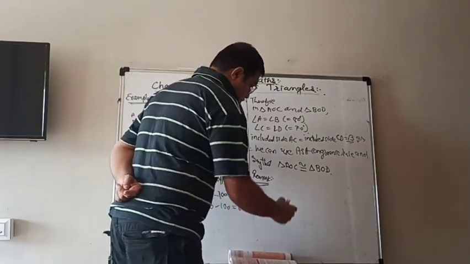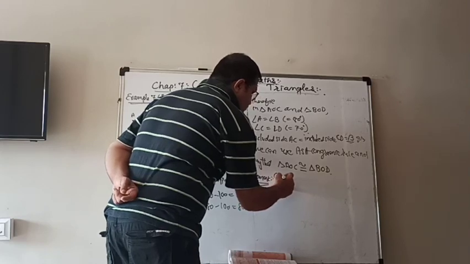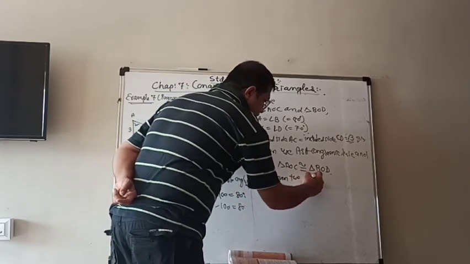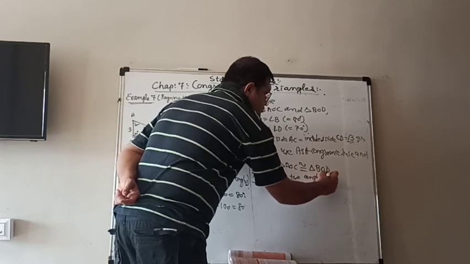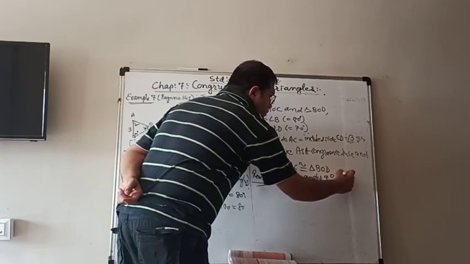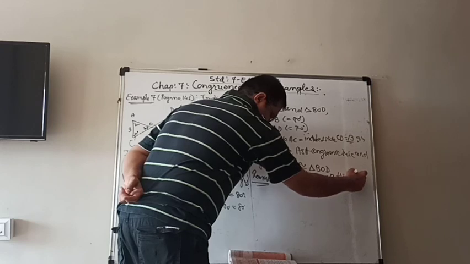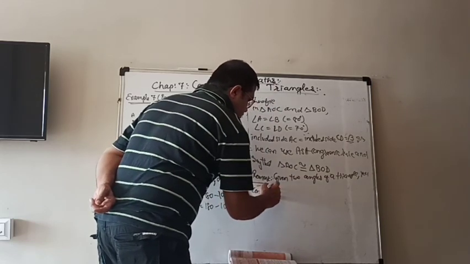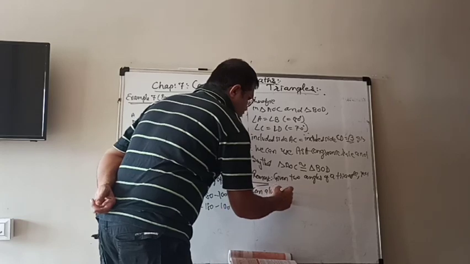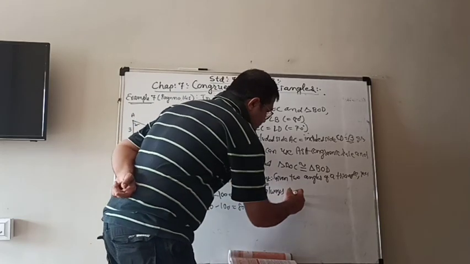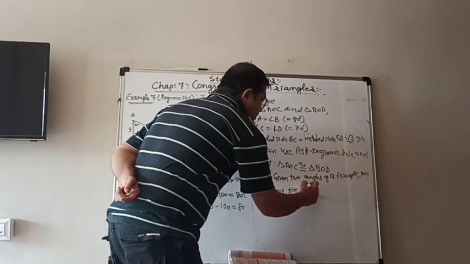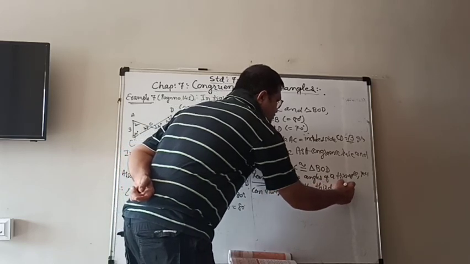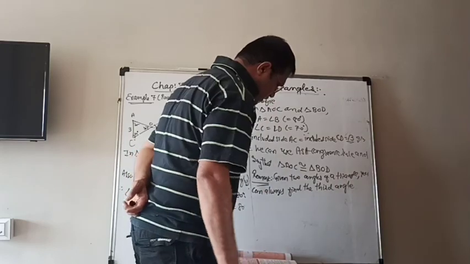So, given two angles of a triangle, you can always find the third angle.